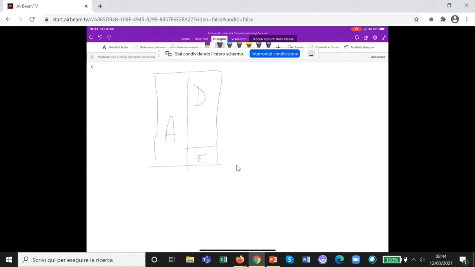So when we talk about subordinated debt, we talk about something that stands in between debt and equity. So that means that, first of all, it's debt. So it pays an interest rate, not dividends. It pays interest, okay?